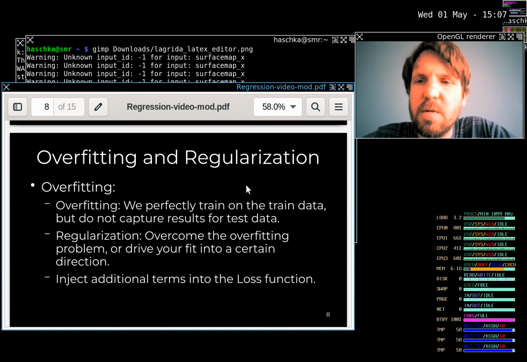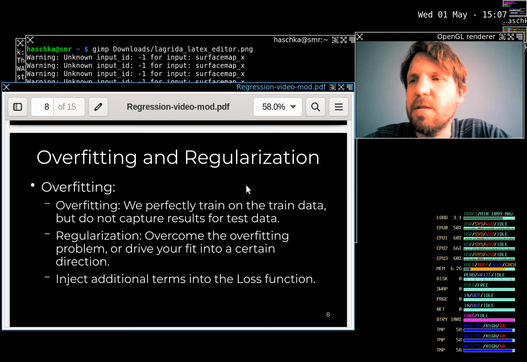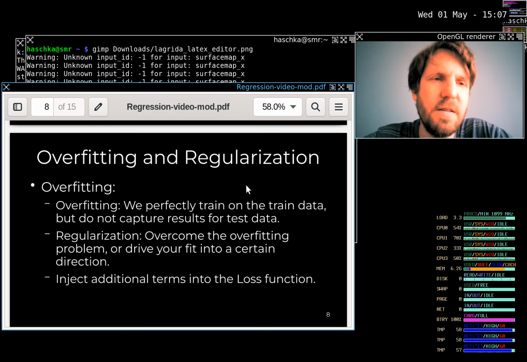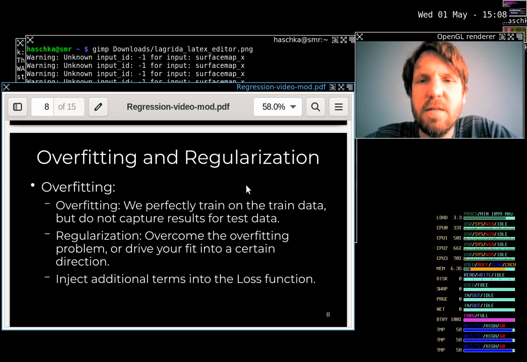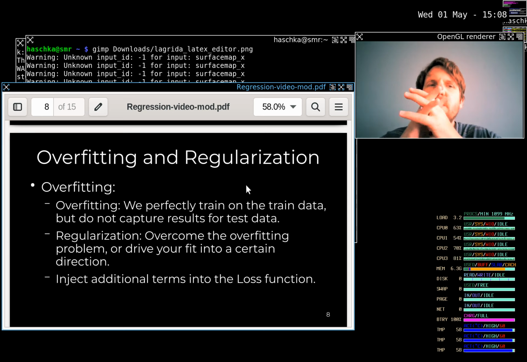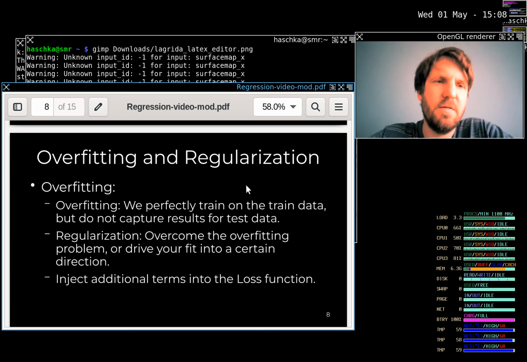We also want to talk a bit about overfitting and regularization. What does overfitting mean? Overfitting basically means we fit to some kind of data, but then when you go from your training set to the test set, or you show the system data that it doesn't know about, sometimes it works perfectly for the data that you train on, but not for the new data.